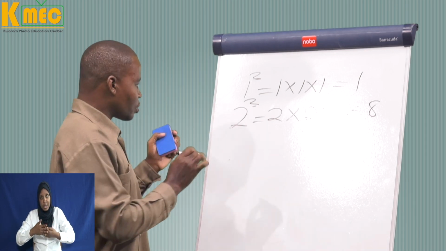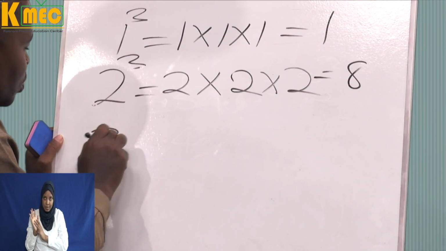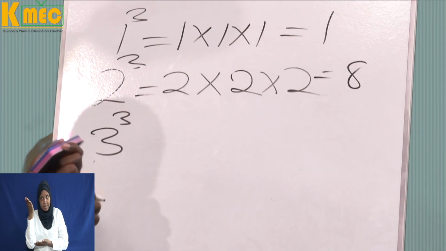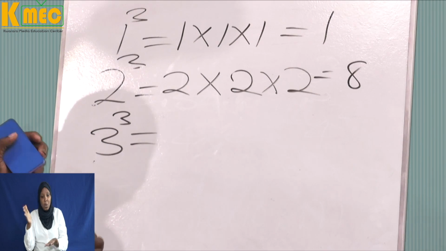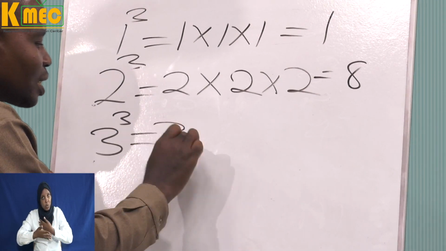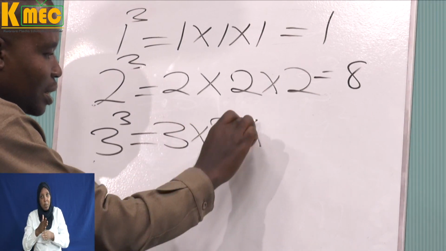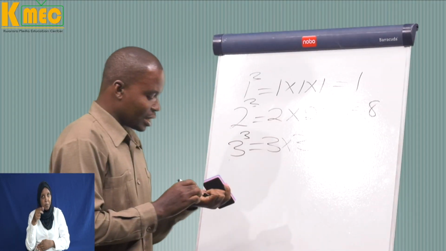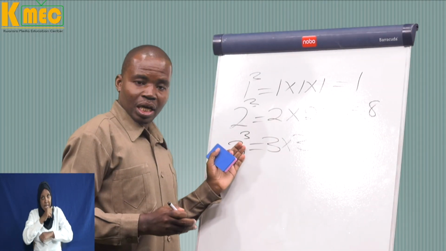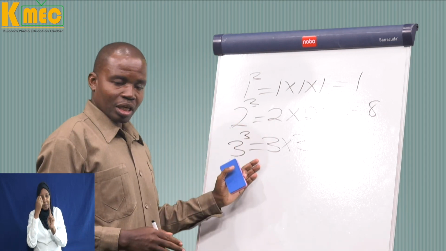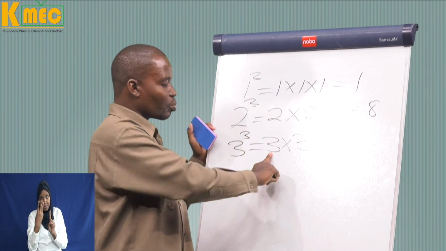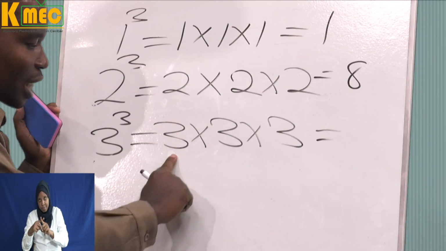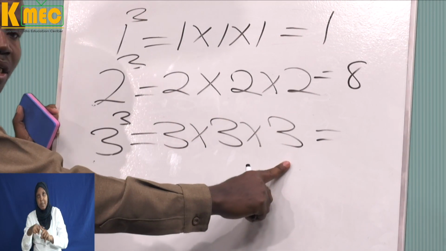Okay, let's now see how we get 3 cube. We get 3 cube by the same procedure, by multiplying 3 times 3 times 3. Remember now, we are in the table of cube, and it's not a square. If it is cube, it means we have to multiply 3 by itself 3 times. 1, 2, 3.